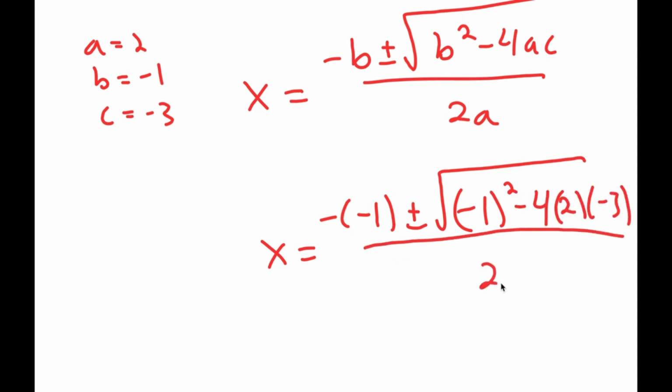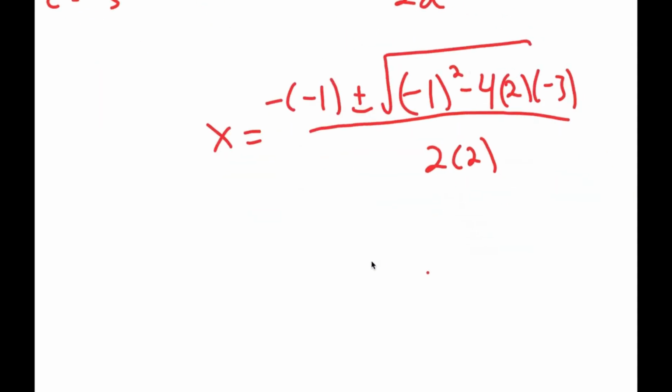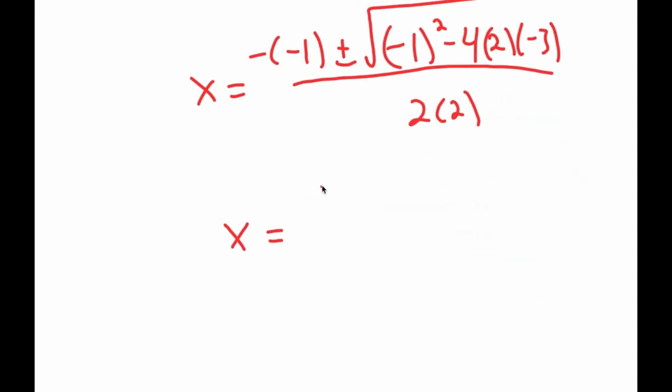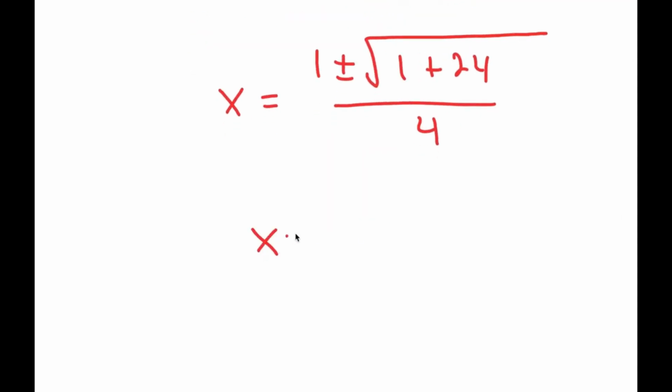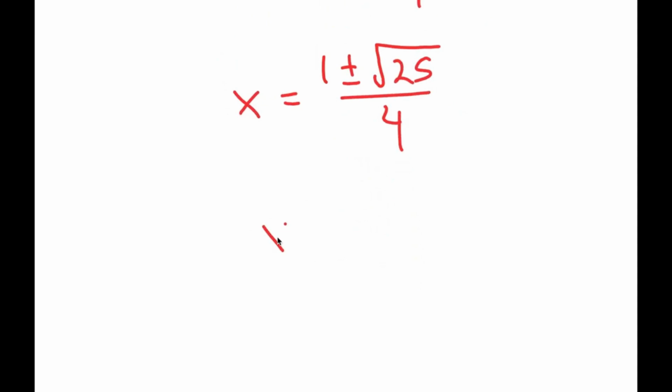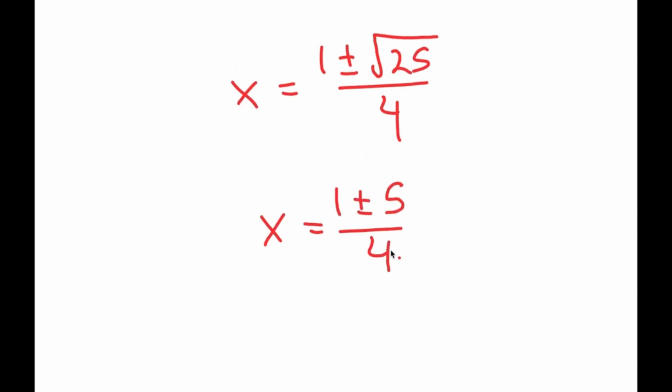And I have this all over 2a, so 2 times 2. So now this is equal to 1 plus or minus the square root of 1 plus 24 over 4, which is equal to 1 plus or minus the square root of 25 over 4, which is equal to 1 plus or minus 5 over 4.